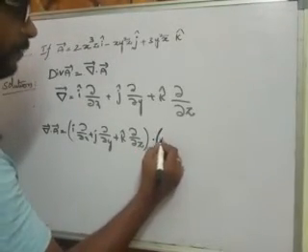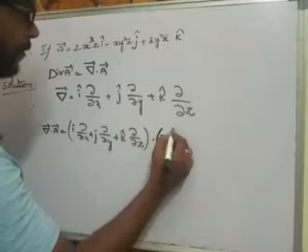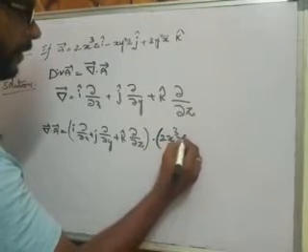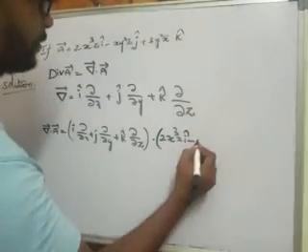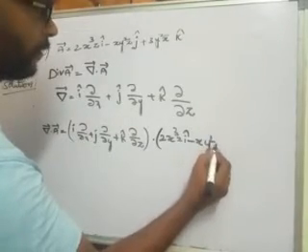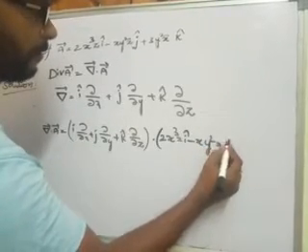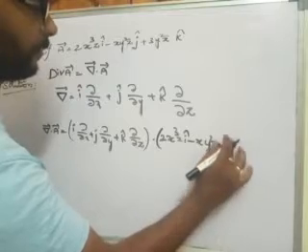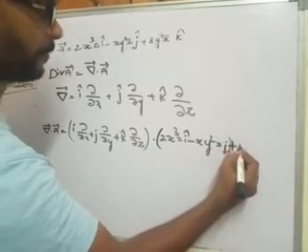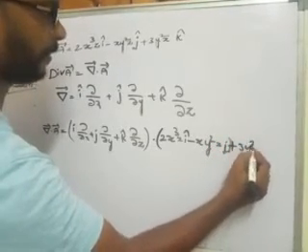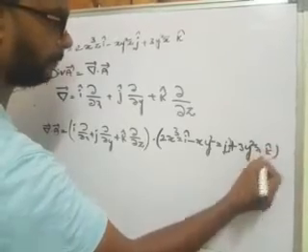Substitute the given vector 2x cube z i cap minus xy square z j cap, plus the term 3y square x k cap.